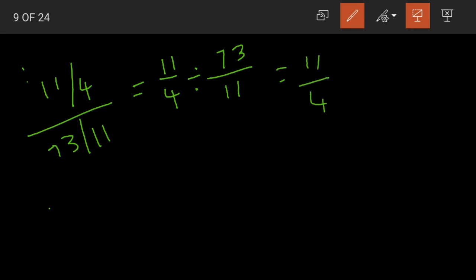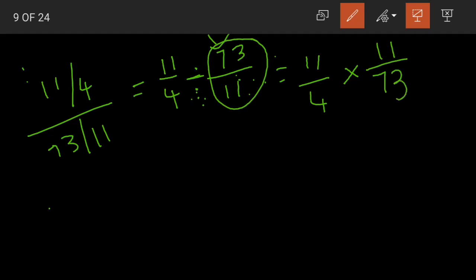We simply need to replace division with the multiplication symbol and write the reciprocal of the second fraction, the fraction which is after the division symbol. Now what will the reciprocal of 73 by 11 become? It becomes 11 by 73.